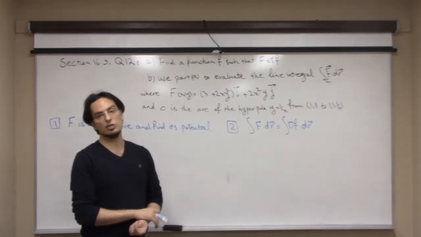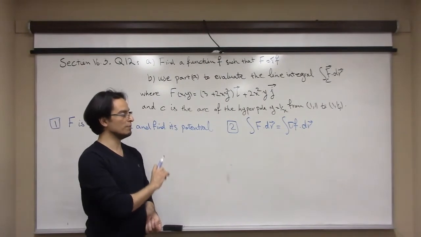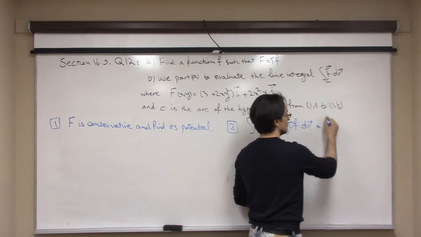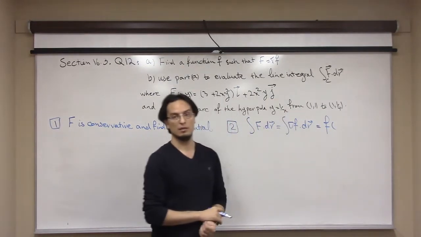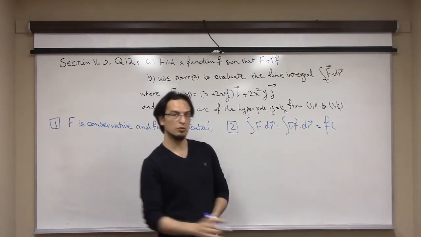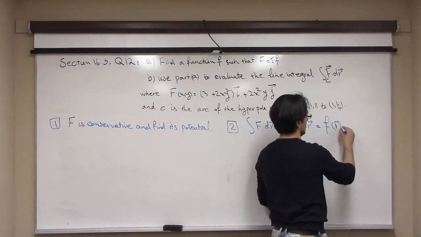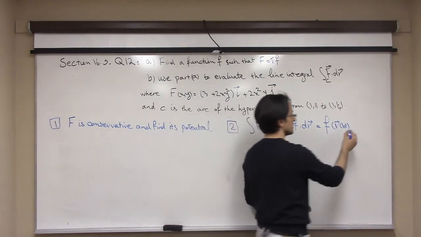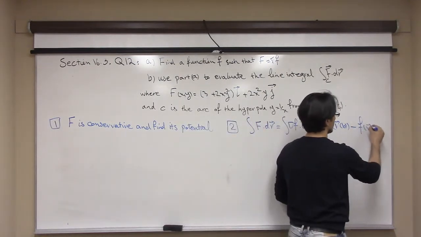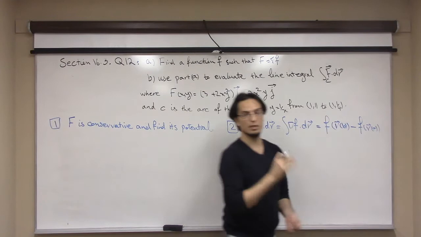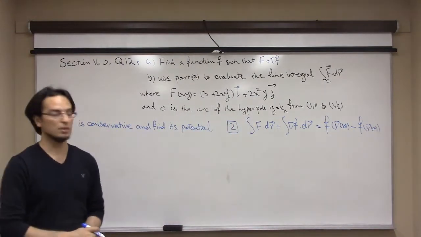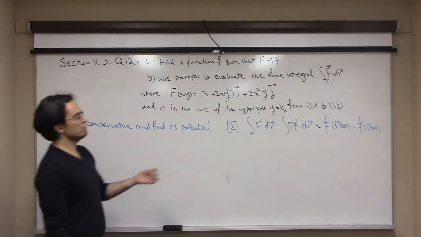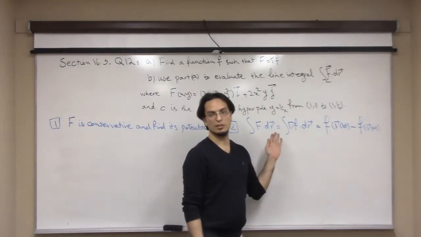If you have a line integral along a curve going from one point to another point, the line integral is given by: you just plug the endpoint into your potential, which gives you a number, minus plugging the initial point into your potential function. Subtract them, and it will give you the value of the line integral. This is the fundamental theorem for line integrals.